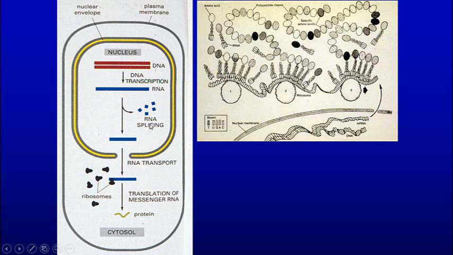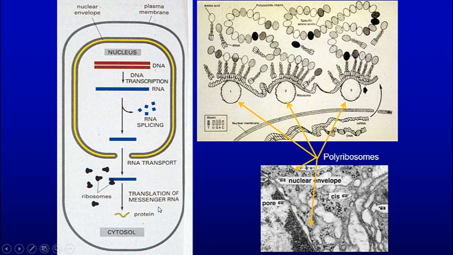So you get transcription, splicing, recombination, ribosomes bind to it, and they read the code to produce protein in the cytosol. Sometimes that protein goes back, other times it may be secreted or do other functions.